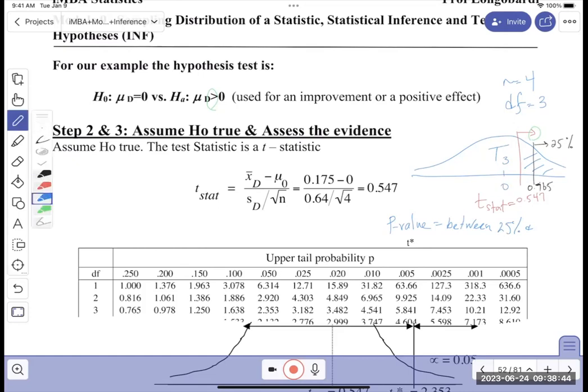It's between 25 and 50%. The point is, it's not unusual. It's very likely. If the null hypothesis is true, if we assume that, then the result we got is normal. It's very expected. It's 25 to 50% possible to see that result.